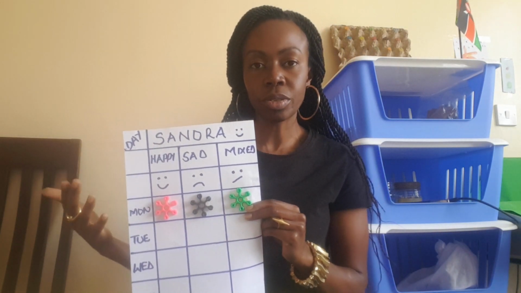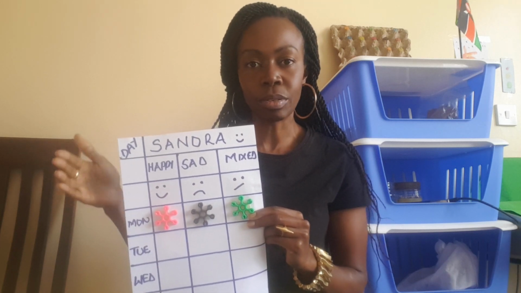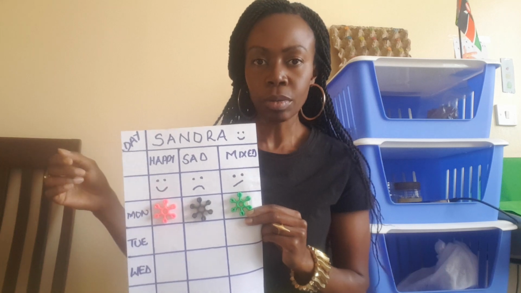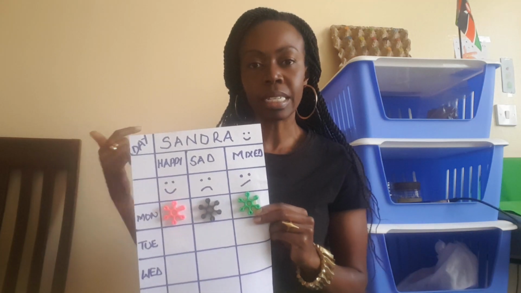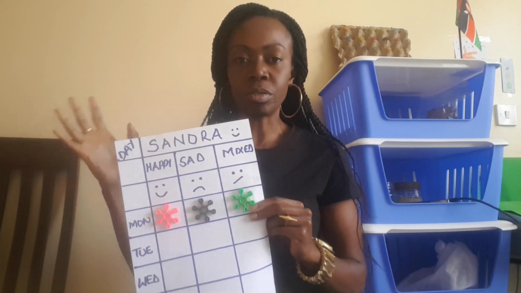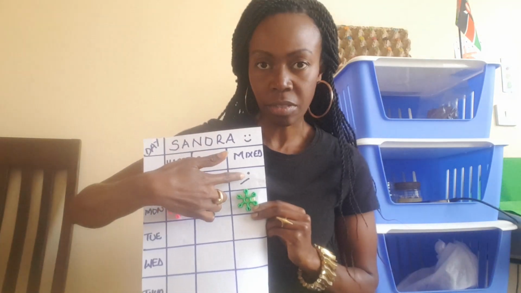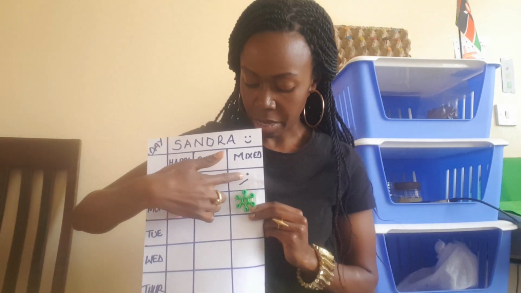Because younger children are visual. Usually younger children as young as daycare and thereabout would be able to tell distinct faces, happy face, sad face, and then you can introduce a face that represents mixed feelings. So you have a happy face, a sad face, and a face that represents mixed feelings.